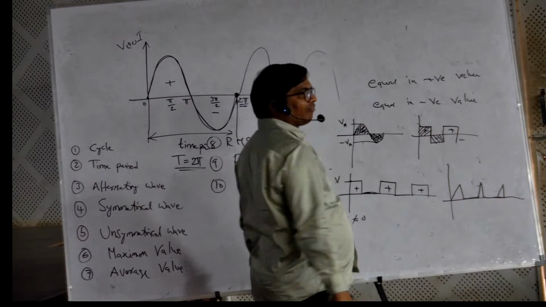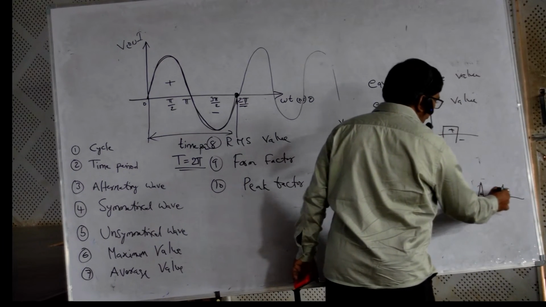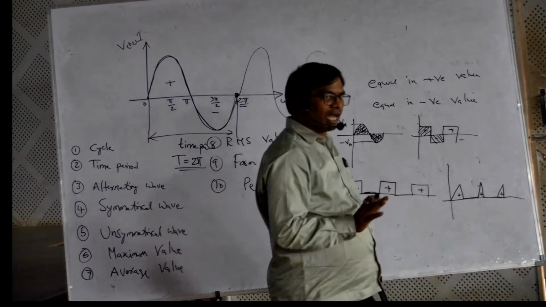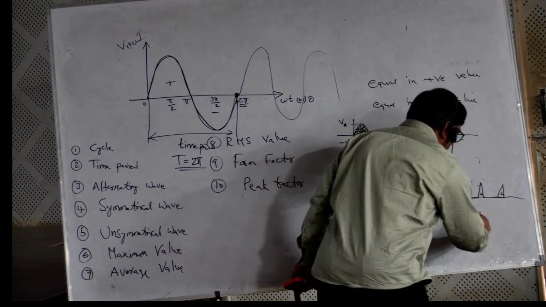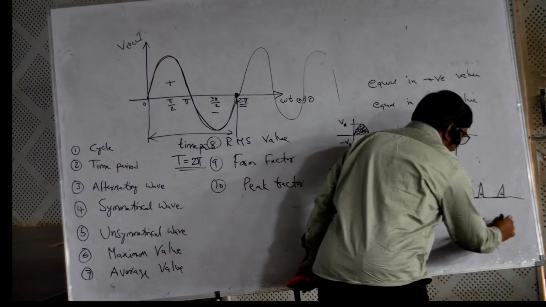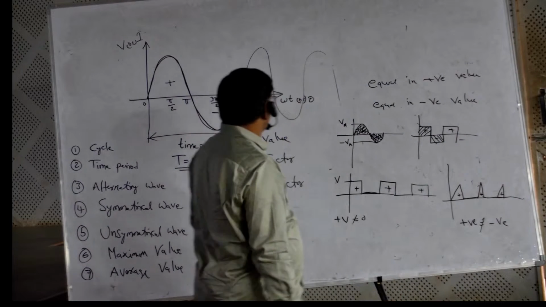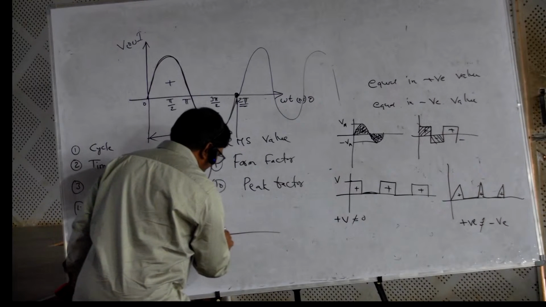This is unsymmetrical because it doesn't have the negative value, or the positive value is not equal to the negative value. One more unsymmetrical waveform I am also drawing.